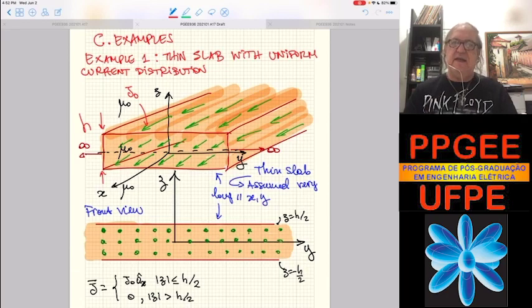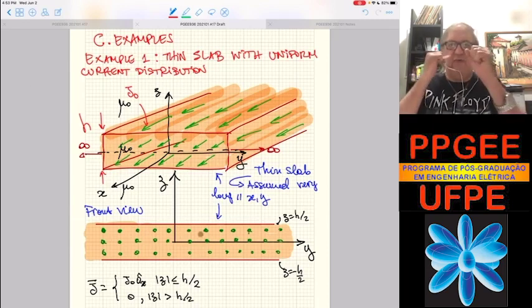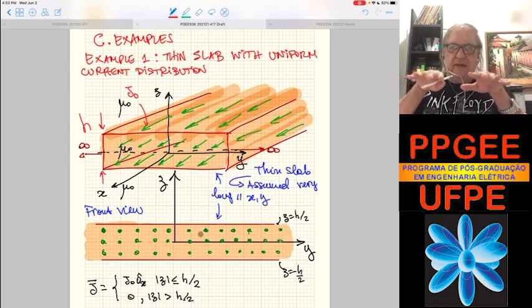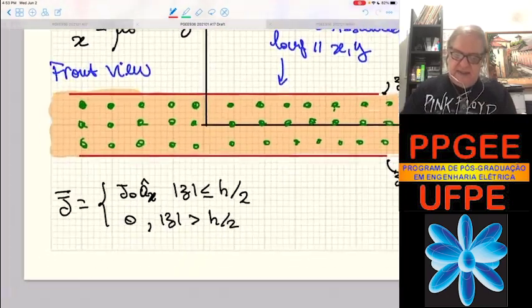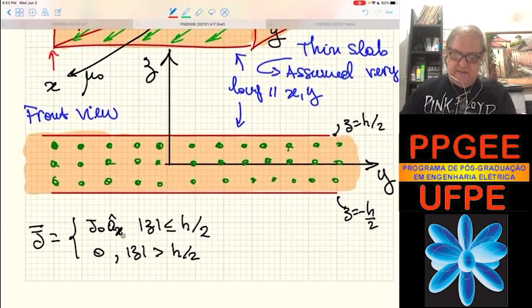The question is, we can solve this directly by Ampere's law, or we can solve for the vector potential as well. That's how we're going to do it. That's the front view. It's as if we had several straight wires in parallel, stuck in this region that has a height h. The current density is constant in the region, and the region ends on the surfaces z equals h over 2 and z equals minus h over 2.